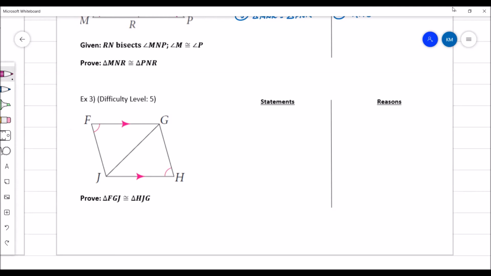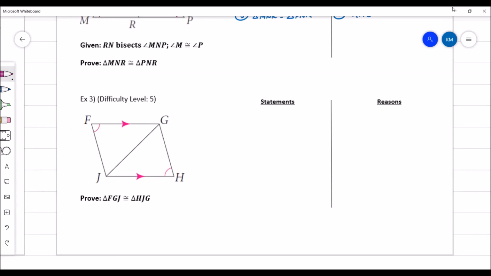With parallel lines, there's only a couple things that we really should be looking for. Remember, we talked about corresponding angles, alternate interior angles, and same side interior angles. Corresponding angles and alternate interior angles are congruent. Here we're looking for things that are congruent, so those are probably the two most common pairs.